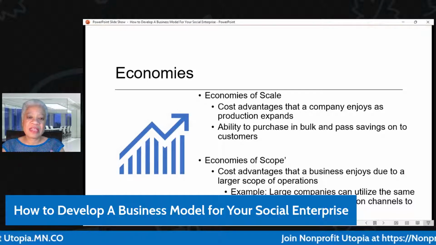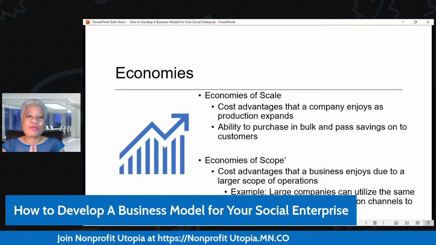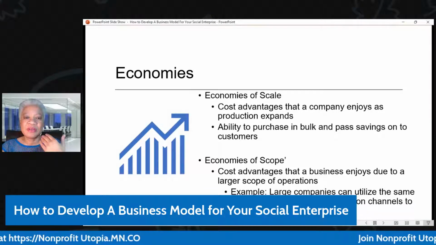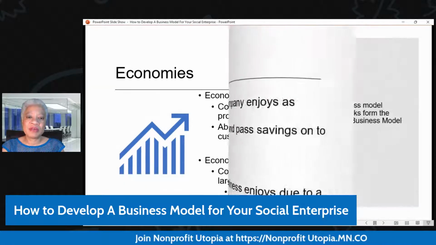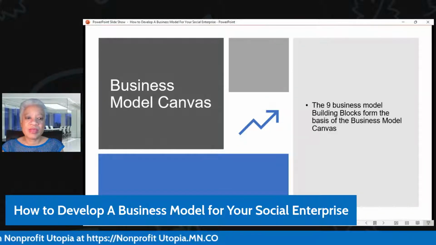So you have the same raw material, but it's used in different ways to serve different markets, different customers, and that way you're maximizing your raw materials rather than just focusing on one line of business.